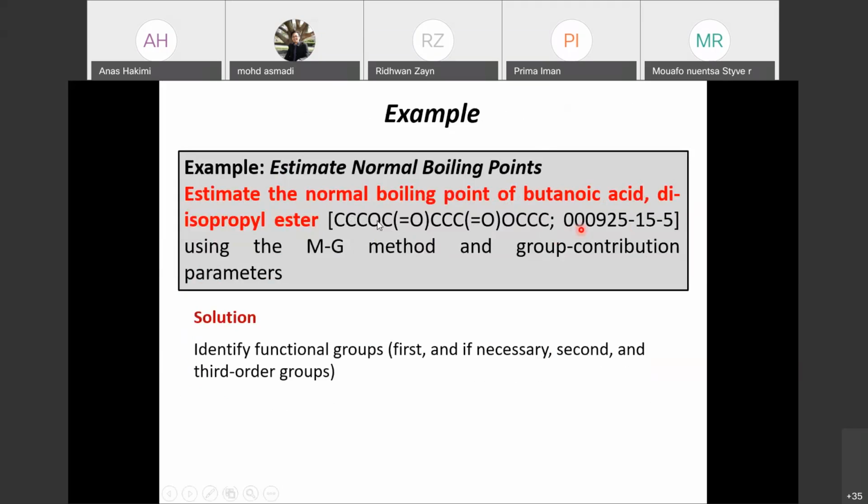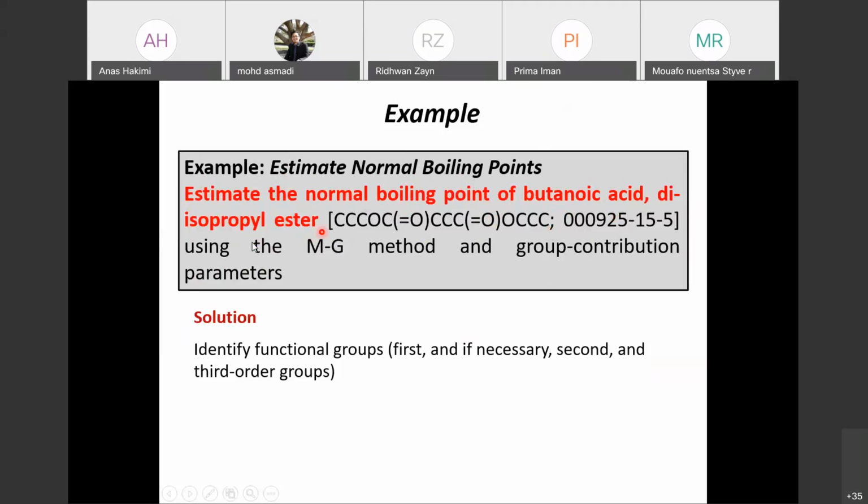The structure is CCOC, double bond O. Actually, this one is from the SMILES data. You can search for SMILES on the website, for butanoic acid isopropyl ester. They have the code and also the SMILES structure.